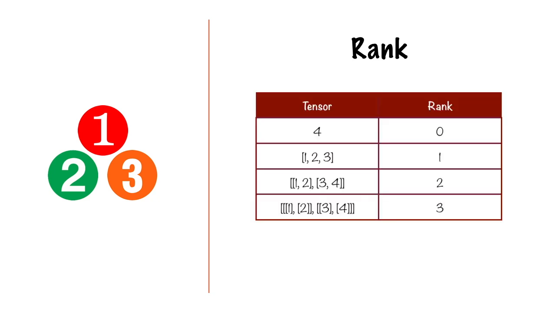We've seen this already, that the rank of a tensor can be thought of as the number of square brackets that you would use while defining that tensor. So scalars are tensors of rank 0, vectors are tensors of rank 1, matrices are tensors of rank 2, and tensors which have a rank higher than 2 are just called n-dimensional.